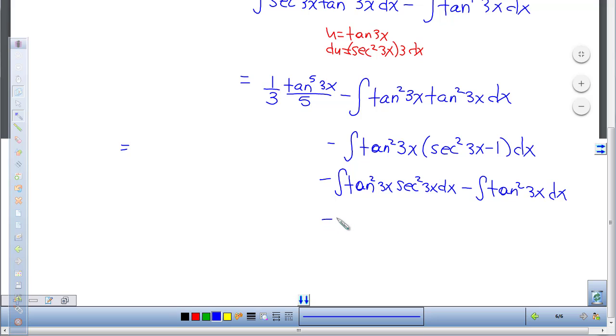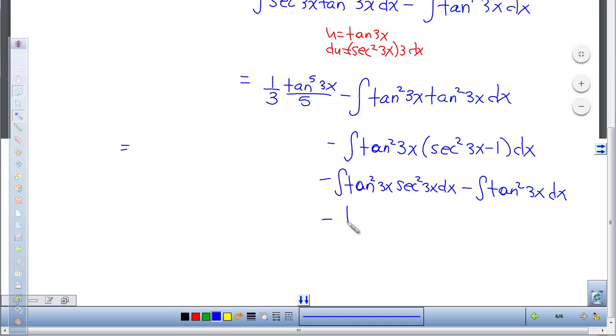And so this piece is pretty simple, I think. We'll let u be tangent 3x, and here's our du, secant squared 3x dx. So this is going to end up being what? We've got the same substitution that we used up here.